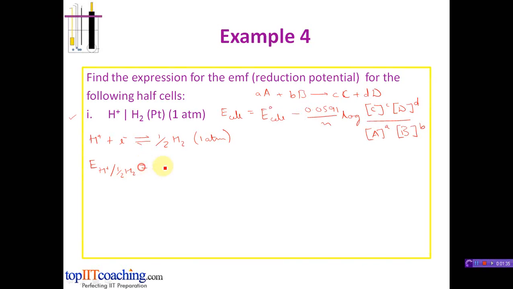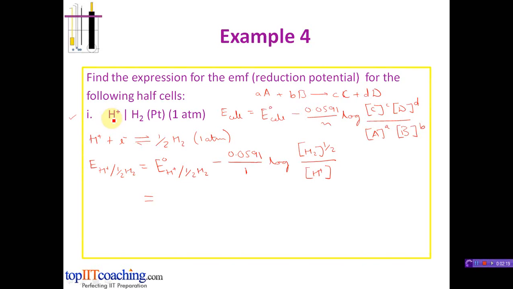So the EMF of this half cell will be E H plus slash half H2 is equal to E naught H plus slash half H2 minus 0.0591 upon 1, since the number of electrons exchanged in this half cell reaction is 1, log H2 raised to 1 by 2 divided by H plus.